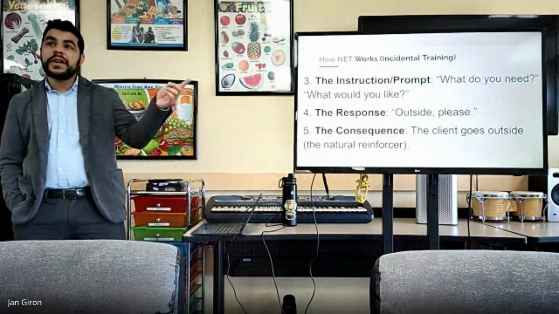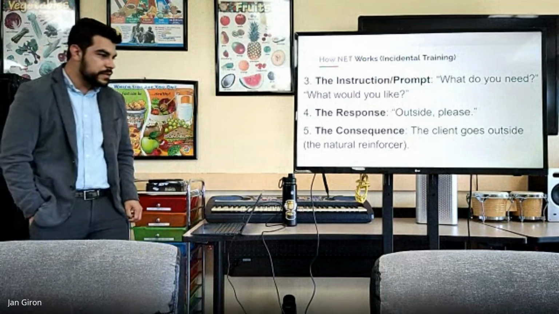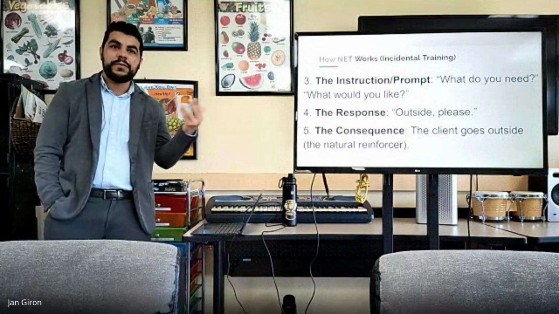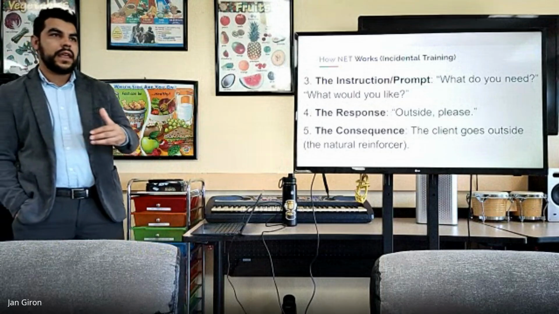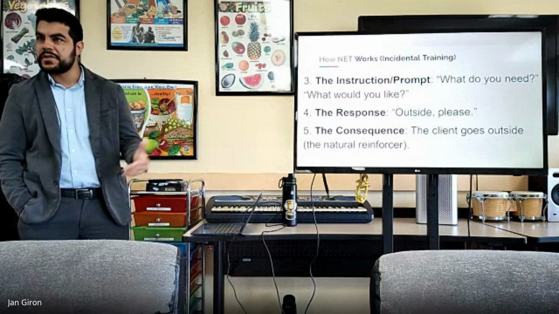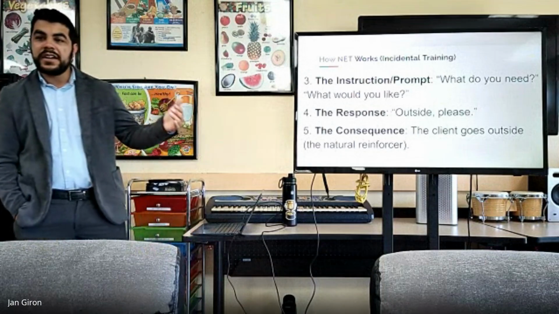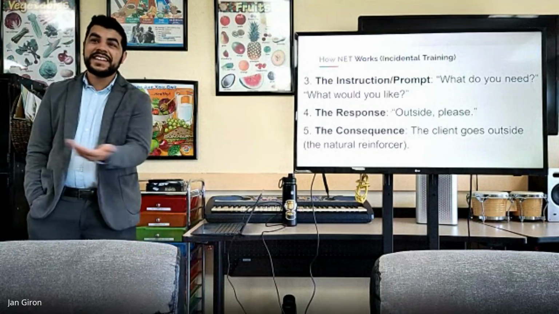Even if they simply just point outside and we can prompt that physical point, bam. We can use that opportunity to get them exactly what it is they want, as opposed to a contrived or a conditioned reinforcer such as the praise or a tangible. Because the natural consequence of asking to go outside is, funny enough, being able to go outside.